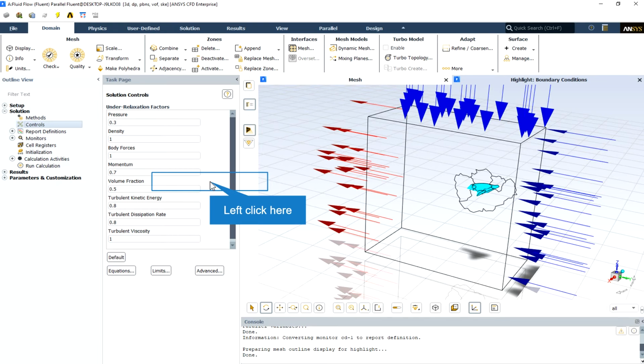It is good practice to begin calculation using the default under-relaxation factors. If the residuals continue to increase after the first 4 or 5 iterations, you should reduce the under-relaxation factors. Occasionally, you may make changes in the under-relaxation factors and resume your calculation, only to find that the residuals begin to increase. This often results from increasing the under-relaxation factors too much.